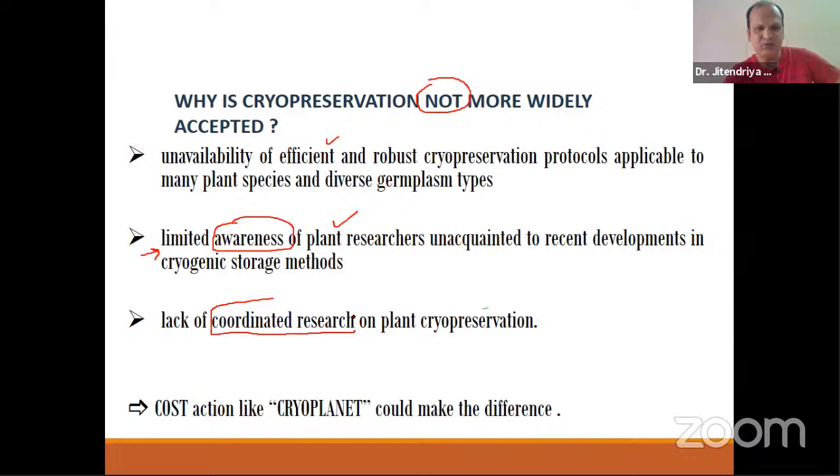Let us say if you want to crush the plant sample by applying liquid nitrogen, if it is not available, what will you do? You have to go for an alternative. If it is a must, and if it is available in all institutes, then definitely you can go for it. Okay. So a COST action like CryoPlanet could make the difference. If the cost is reduced further, then it can be preferable.